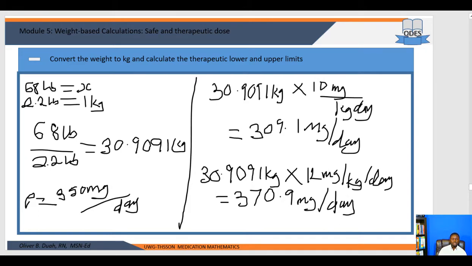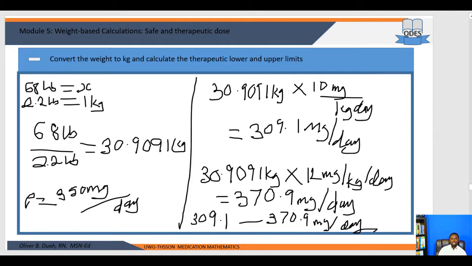So our therapeutic range for this client is going to be 309.1 to 370.9 milligrams per day.